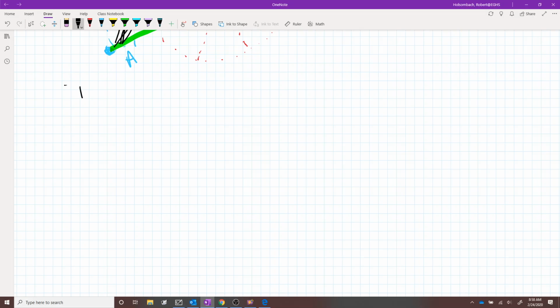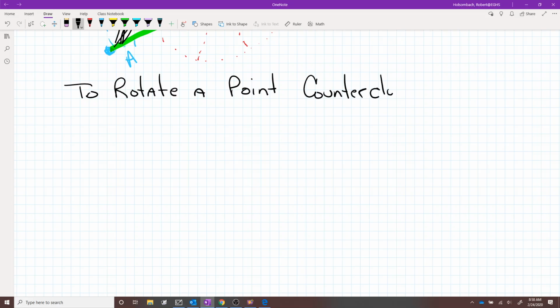So let's say to rotate a point counterclockwise about the origin.